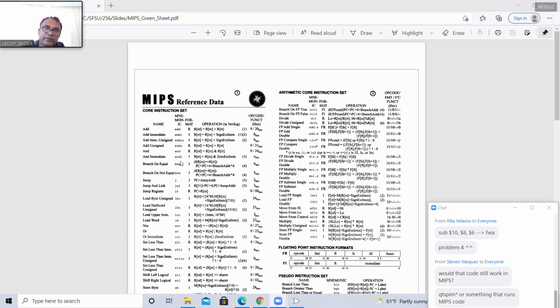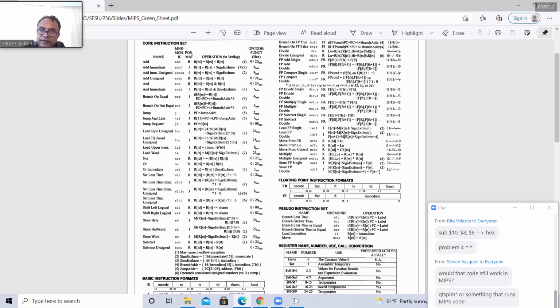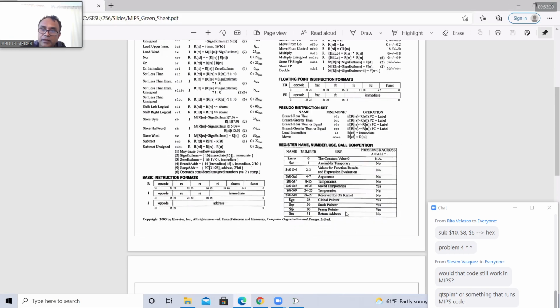All the function codes and opcodes are here, and all these operations are here. You need to use this right side, the register name, number, and use call condition.